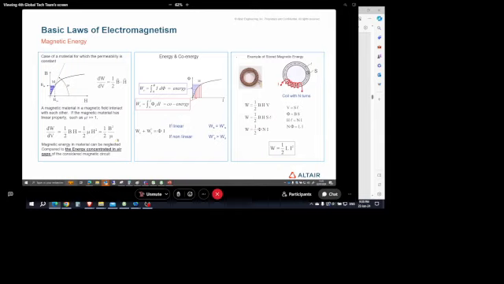So we can see that the magnetic energy stored in the magnetic circuit is much lower than the magnetic energy we can find in the air gap, because mu air, if it's equal to 1000, so the magnetic energy on the air gap is 1000 higher than the magnetic energy stored on the magnetic circuit.